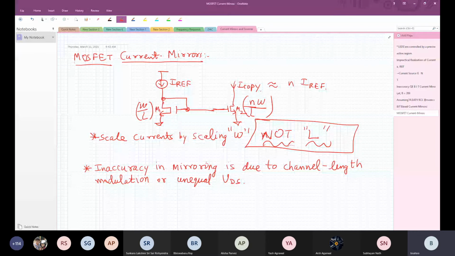Now, if I want to increase the output impedance, I will do the same thing. I will cascode them.